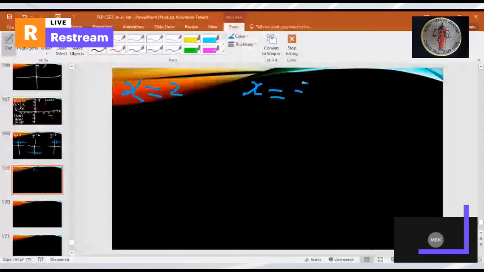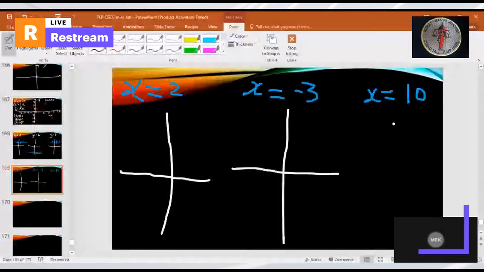It's similar to the line y equals a constant. The difference though is that instead of a horizontal line, we're going to end up with a vertical line, because we're going to find where that number is on the x and then draw a straight line through that point.